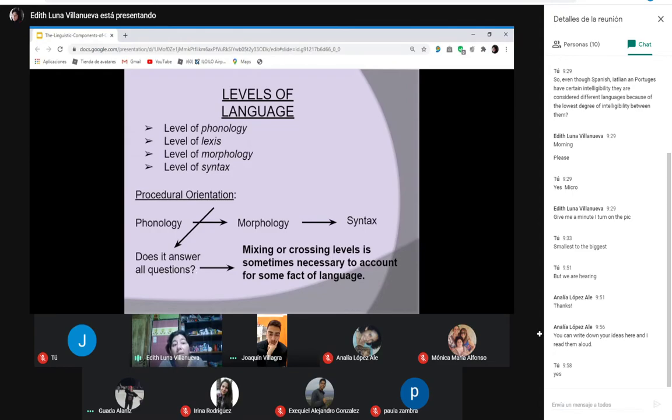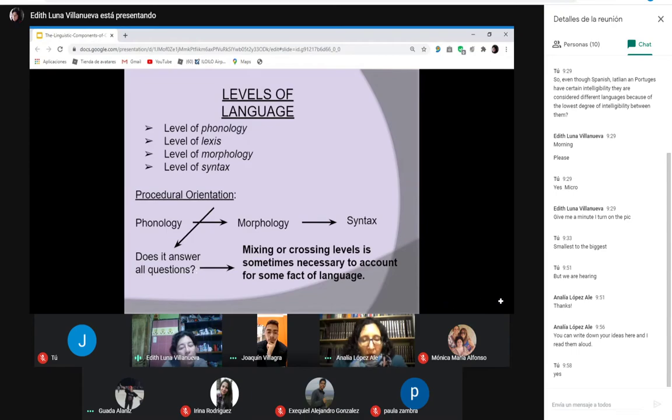So we have the same word, but we have differences at the level of, you tell me? At the level of phonology. Of phonology, right.